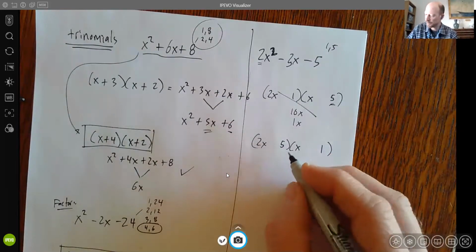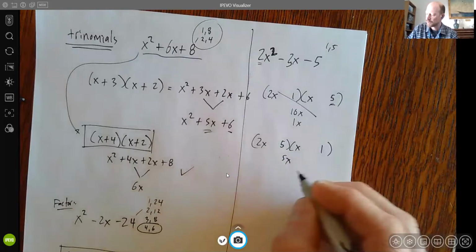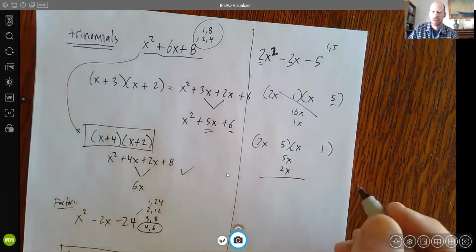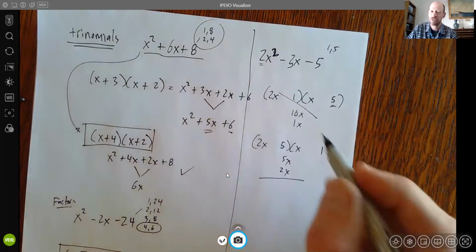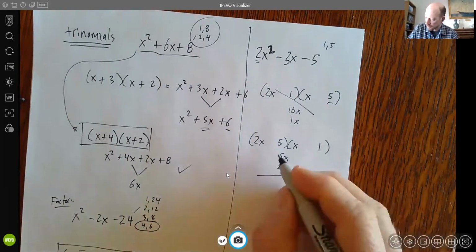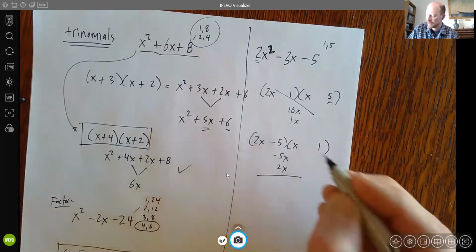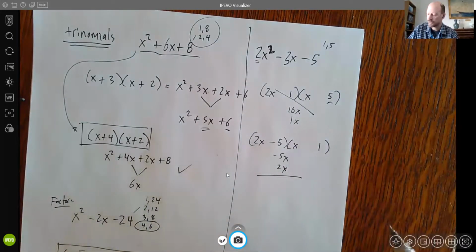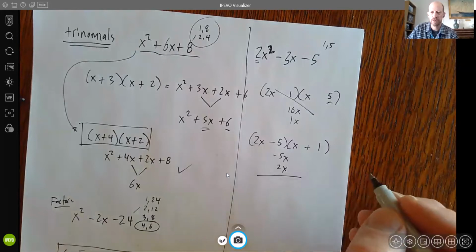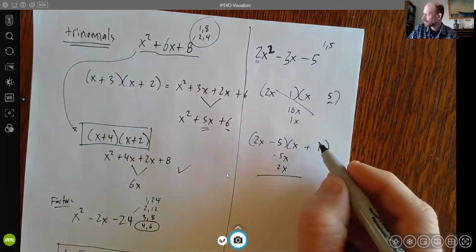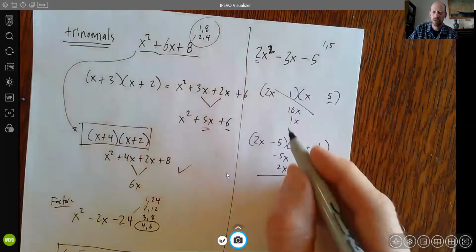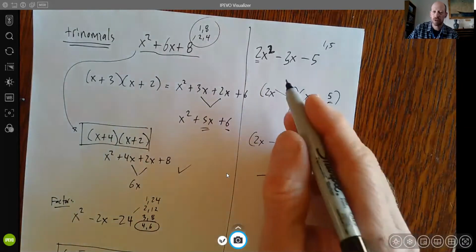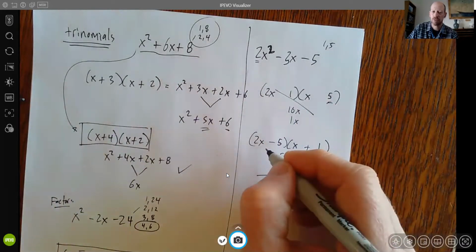So now what happens is I get a 5x and I get a 2x. And there, if we get the signs to work out, I could turn that into a minus 3. Turns out I want a minus 5x. So I'll put a minus 5 there and a plus 1 there. And then I check it. You don't have to write everything out to check it all the time. You can just think sometimes: 1 times minus 5. That works. I saw that the middle terms are going to give me that. And the x times the 2x gives me that.